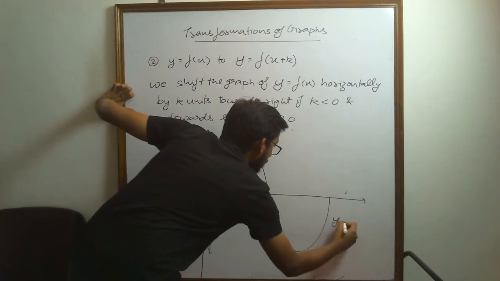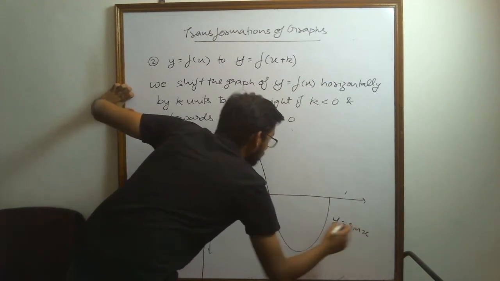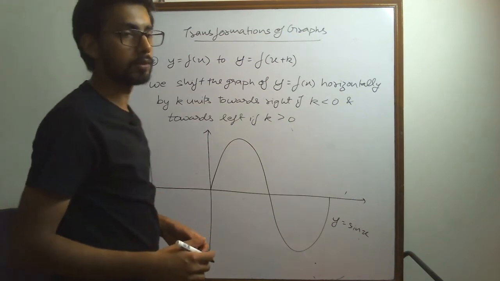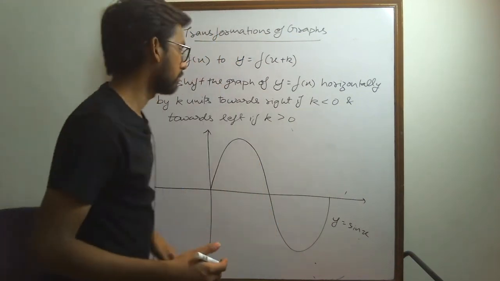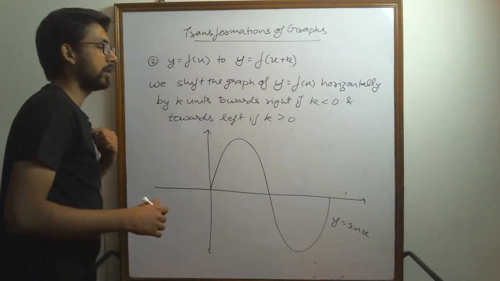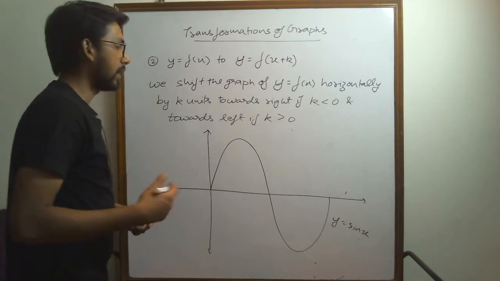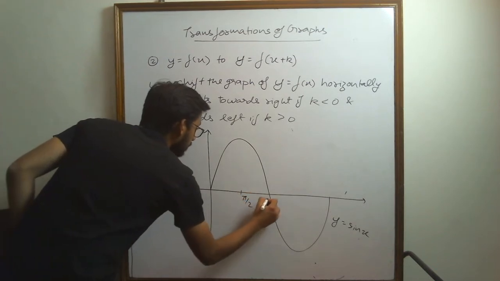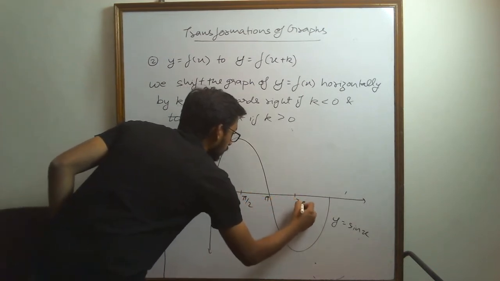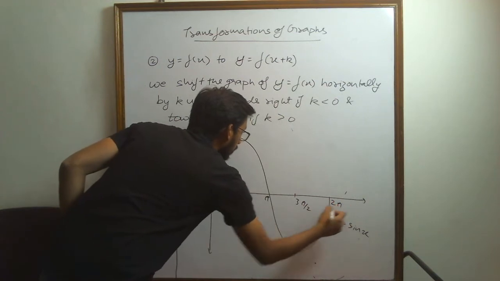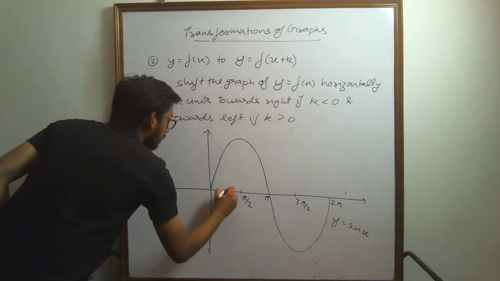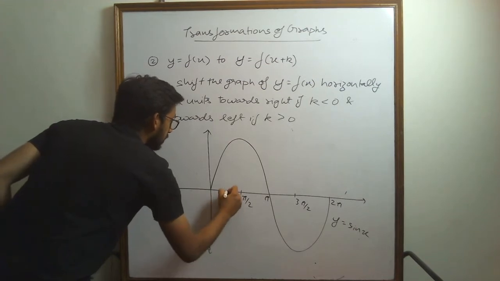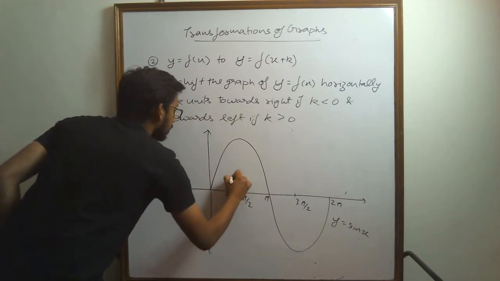This is the graph of y is equal to sin x from 0 to 2 pi. Now if I want to make the graph of sin x minus pi by 4, then that graph will be shifted by pi by 4 units towards the right, and like this it will be made.